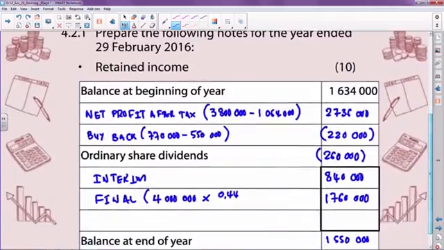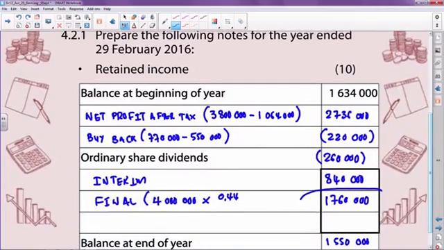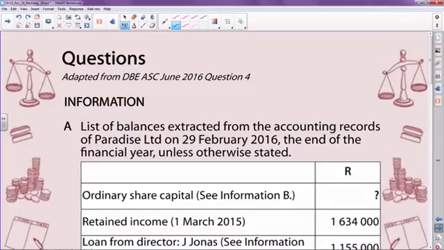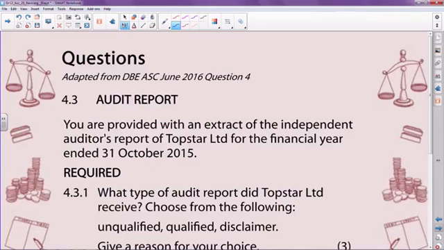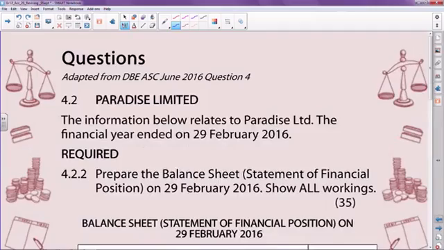My shareholders for dividends will always be my final dividend figure that I calculated in my retained income, 1,760,000. Okay, let's slot it in. We just seem to have passed it.